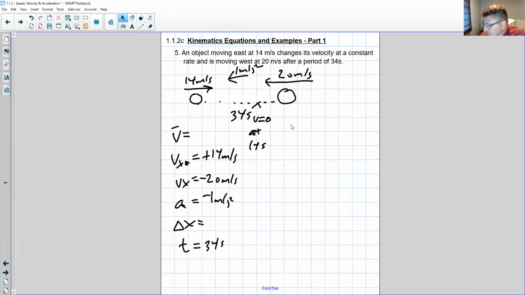So let's say we could do it as an average speed calculation. We could say that the average speed is 7 meters per second and it travels for 14 seconds.